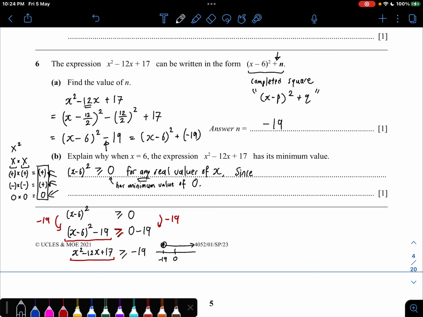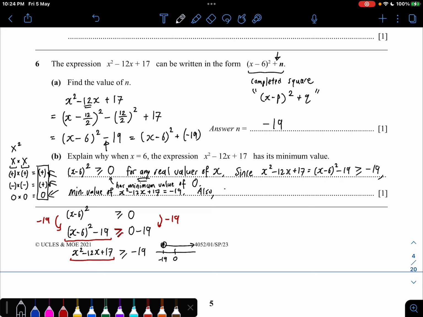Then, okay, let's see. How would I continue the explanation? I would say, since this expression equals x minus 6 bracket square minus 19, which is more than or equal to negative 19, I'm just going to write min value of x squared minus 12x plus 17 is equal to negative 19.